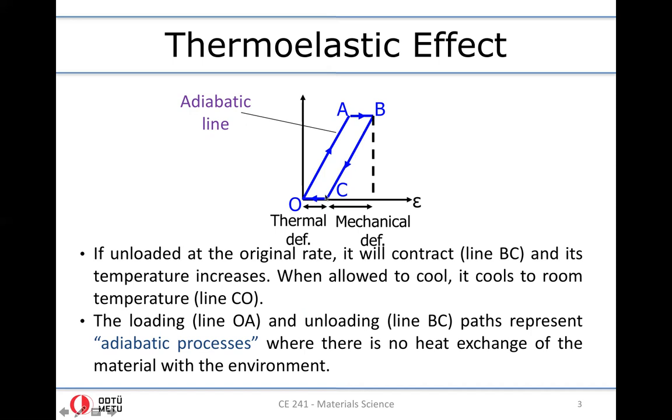Just the opposite happens when you keep the stress constant along the line CO, where the stress is constant, but the material exchanges thermal energy with the environment. Therefore, it cools down to room temperature, and therefore it shrinks and basically goes back to the original position. So this is what we refer to as adiabatic processes.